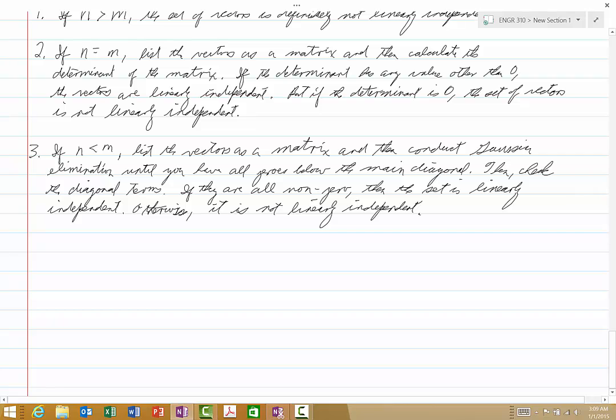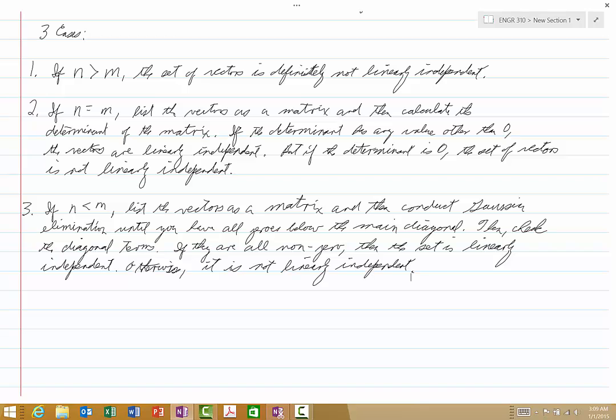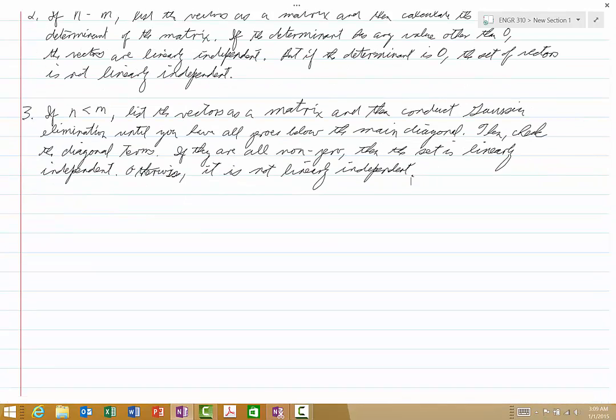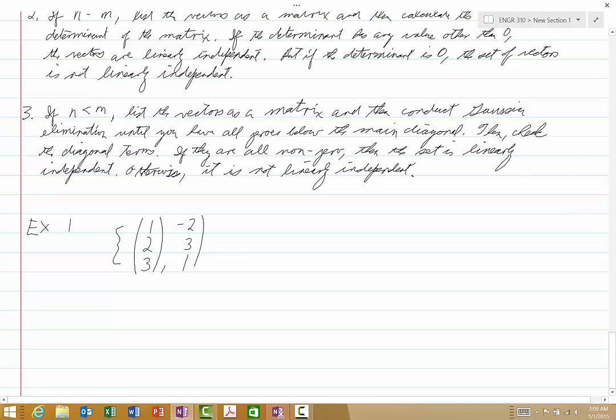So let's look at examples. Now the first case is so easy, but we'll go ahead and do an example. So let's just say example 1. We'll consider this set of vectors 1, 2, 3; -2, 3, 1; 4, 7, 0; 3, 8, 11.